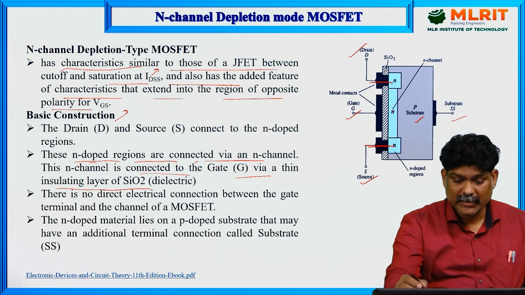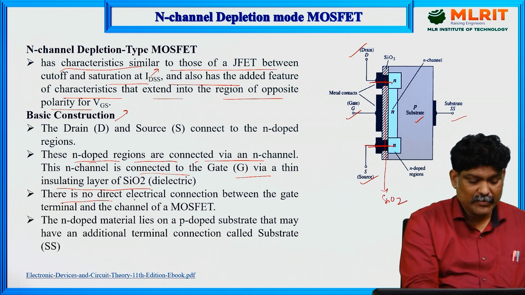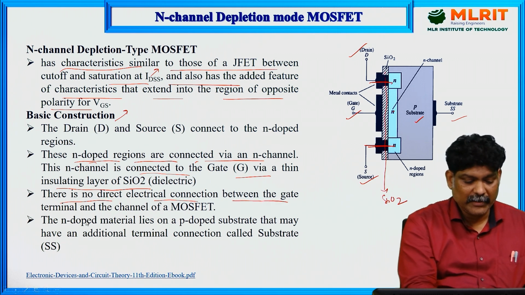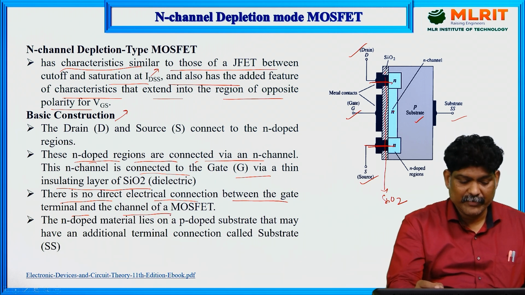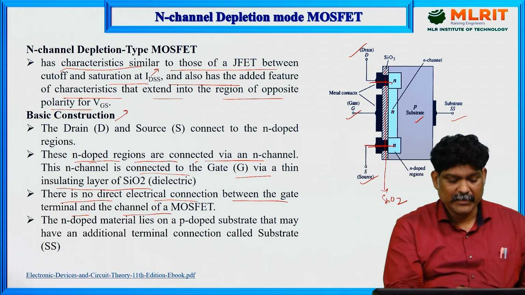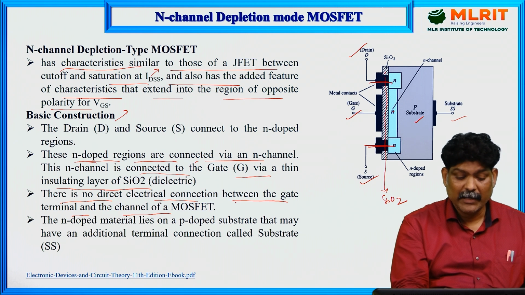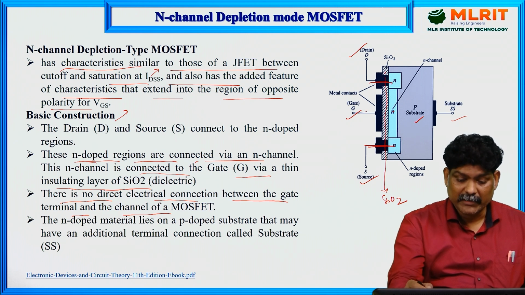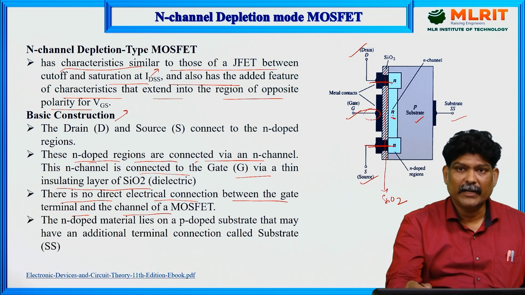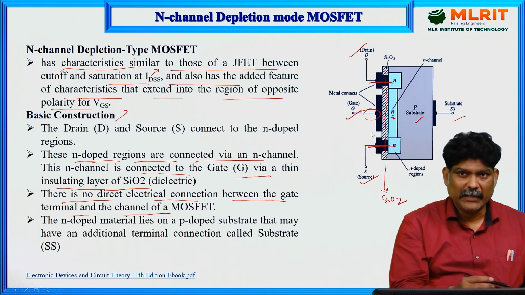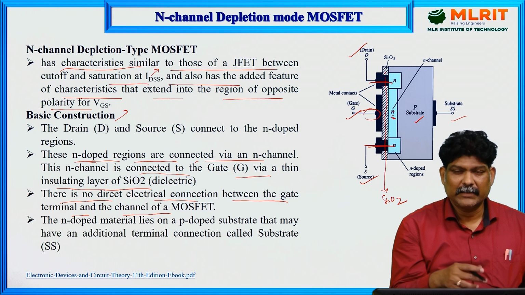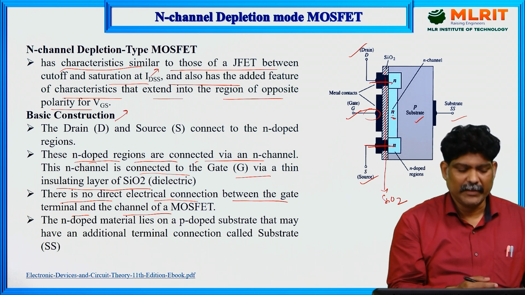There is no direct electrical connection between the gate terminal and the channel of a MOSFET. If you observe the figure, between this gate and this channel there is no direct contact; in between you can observe the SiO2 layer acting as an insulating layer.